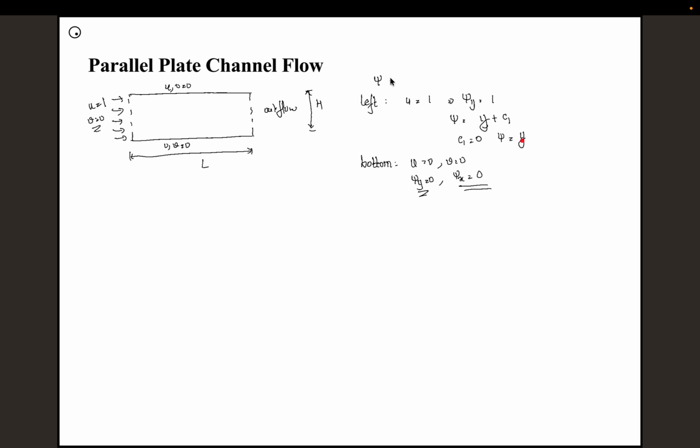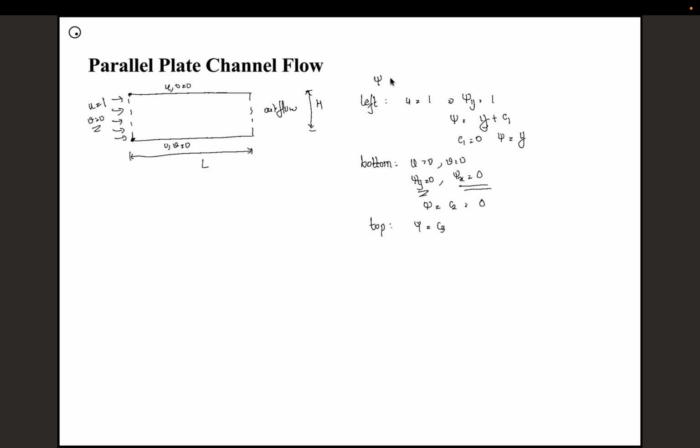So we know psi at this particular boundary is 0. Let's say I'll take psi equals some constant C2, and I'll take it as 0. Now when I do the same thing on the top wall, I'll get the same equation, psi equals C3. But the problem is we need psi to be constant throughout this length, and also I do not want any singularity at this particular point. We need psi to be a continuous function.